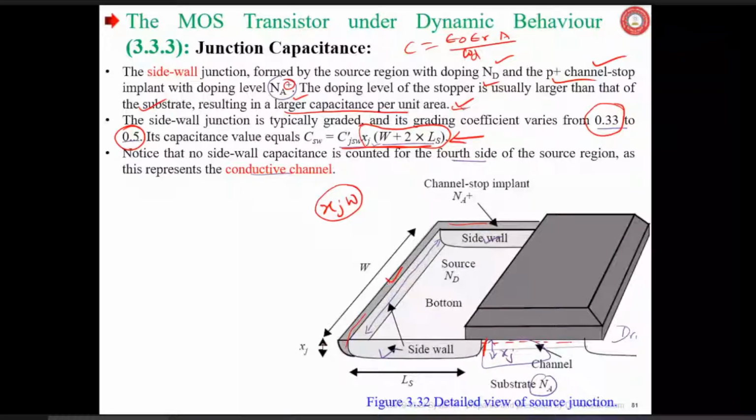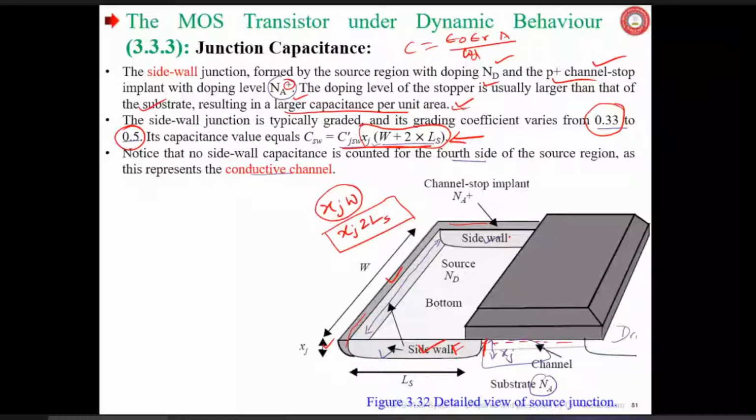And Xj into Ls, Xj into 2Ls is what area? The front side plus the back. This one is the front, and this is the back sidewall. 2 is taken because it is symmetrical.